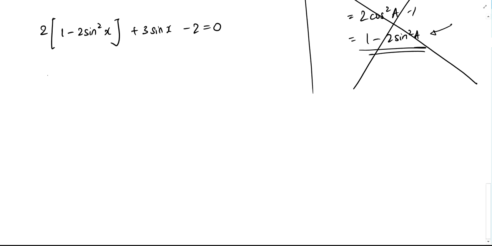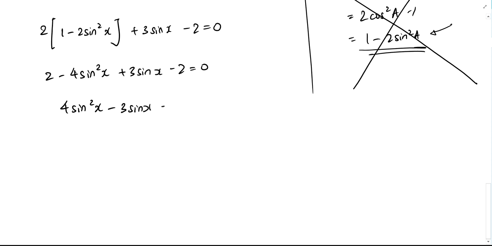So we expand this out, we get 2 minus 4 sine square x plus 3 sine x minus 2 equals to 0. So this is now a quadratic equation. We typically like to leave the coefficient of the sine square x as positive. So we can rewrite this to become 4 sine square x minus 3 sine x, so 2 minus 2 is 0, equals to 0.